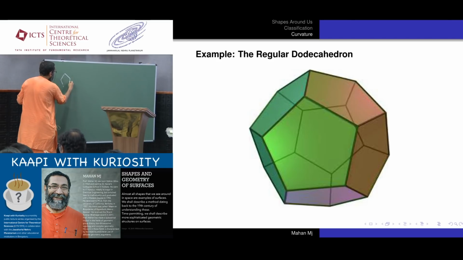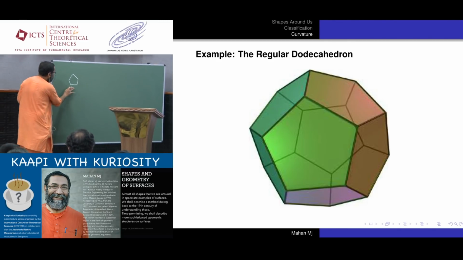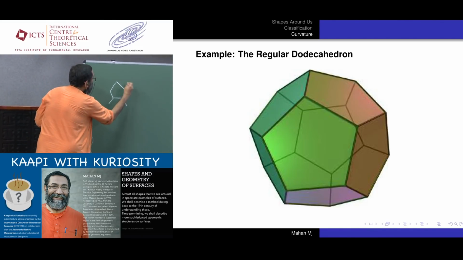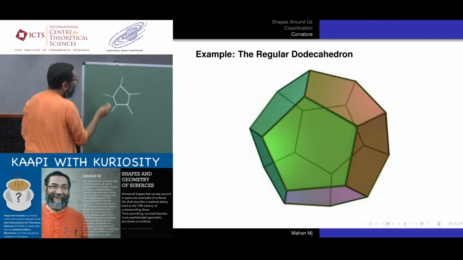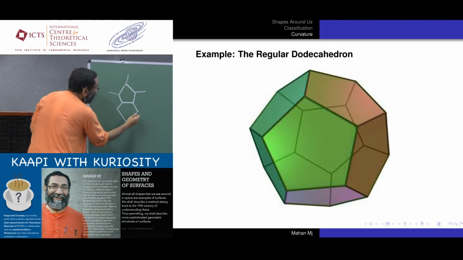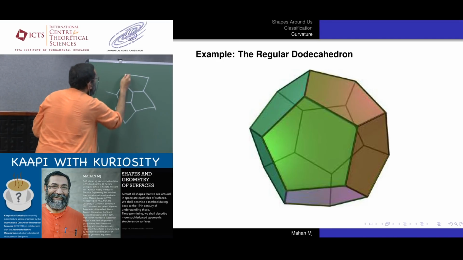You draw a pentagon, then draw 5 edges coming out of these 5 vertices, and then you complete these 2 pentagons.